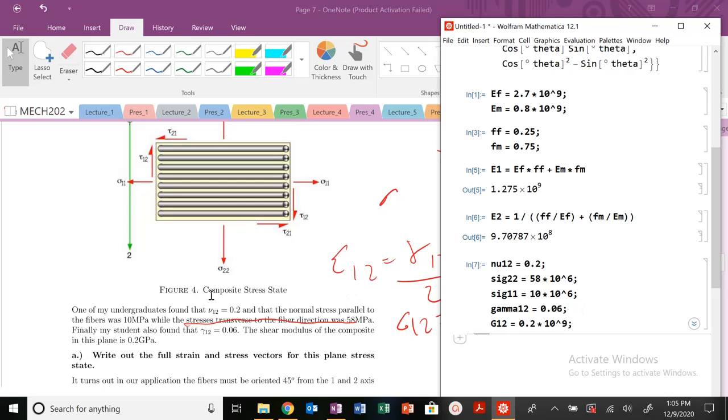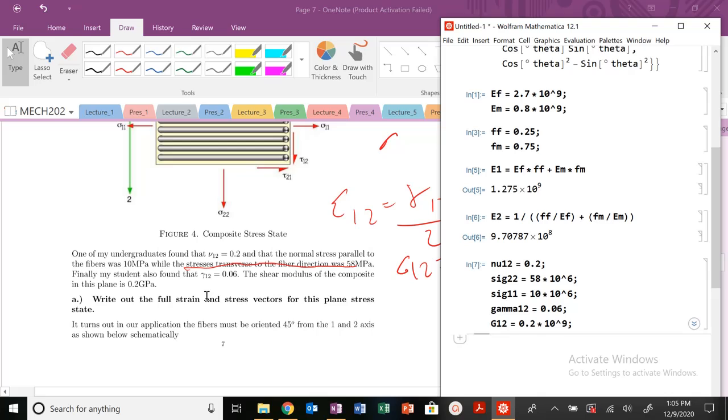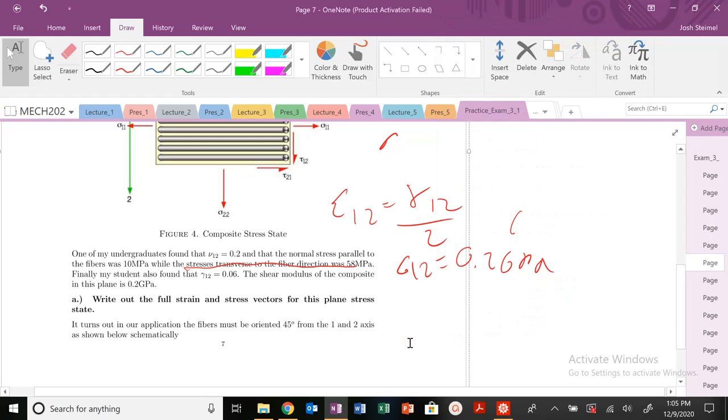All right, it says first write out the full stress and strain vectors for this plane stress state. So what do I have left unknown? I need to solve for the strain in the 1,1 direction, the strain in the 2,2 direction, and the stress in the 1,2 direction.